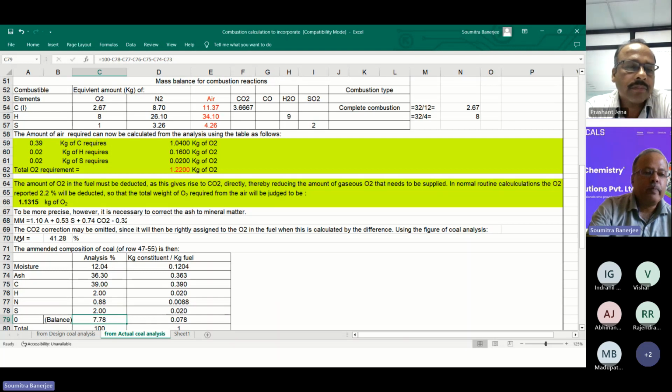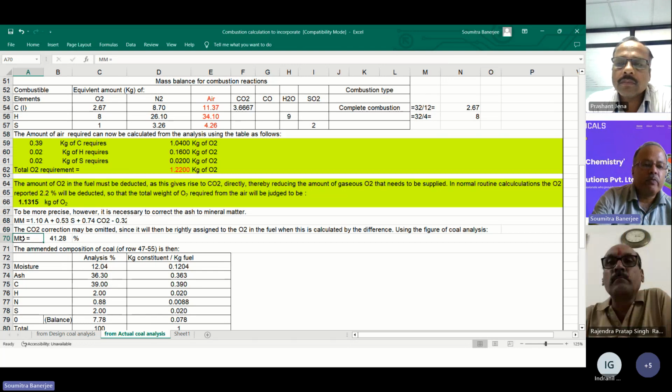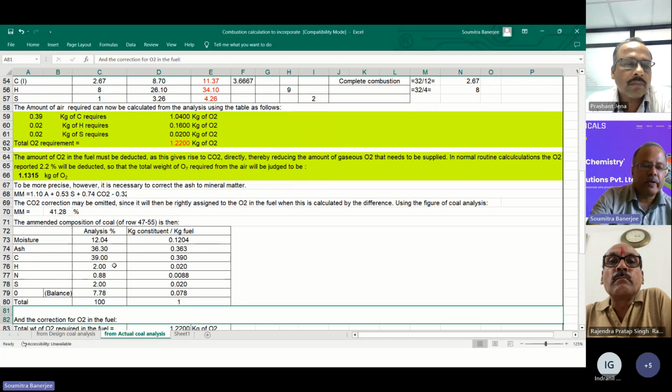When we do the mineral matter, to be more precise, it is necessary to correct the ash to mineral matter. The mineral matter in this case is coming to 41.28. If you do the mineral matter correction, then you will get balance oxygen as 7.78.